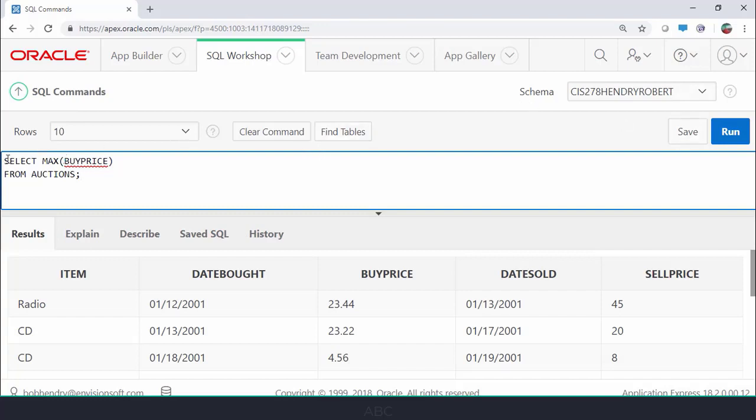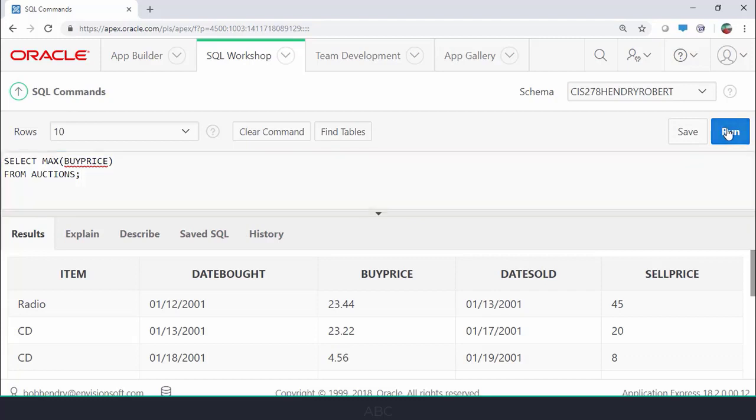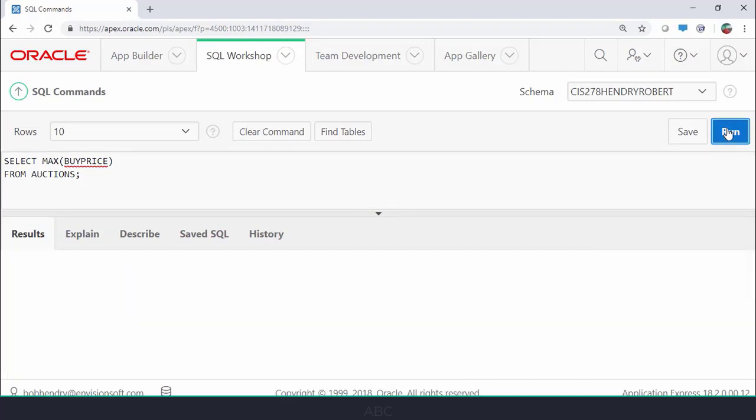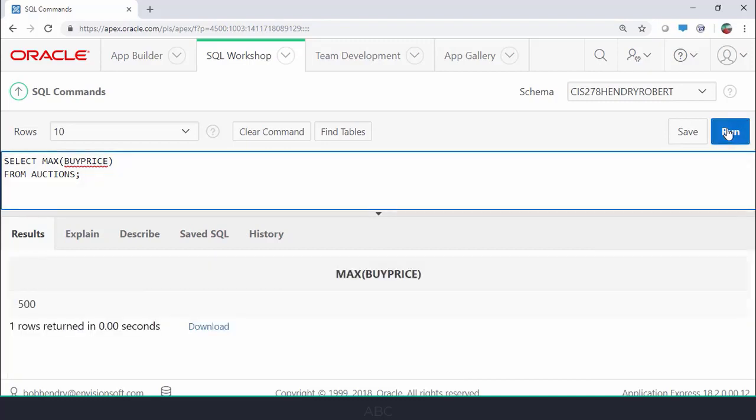So again, select max buy price from auctions. We run, and we get $500. Now notice we don't see anything else. We don't see what we bought for $500, but don't worry about that for now. Right now we're just focusing on aggregate functions.